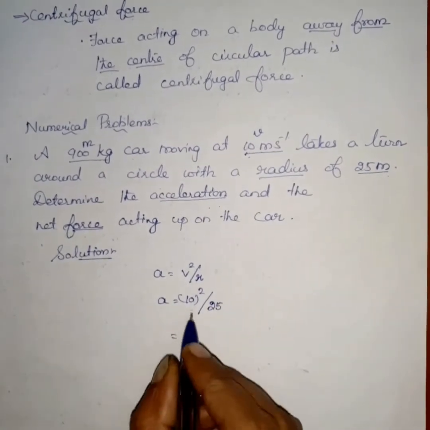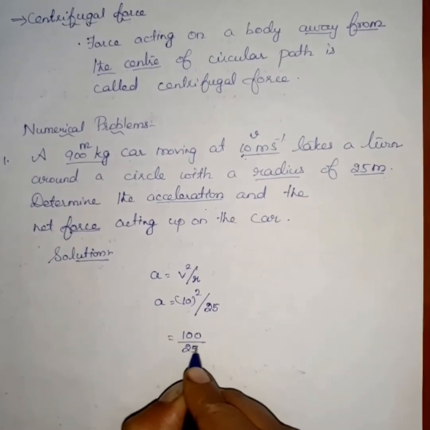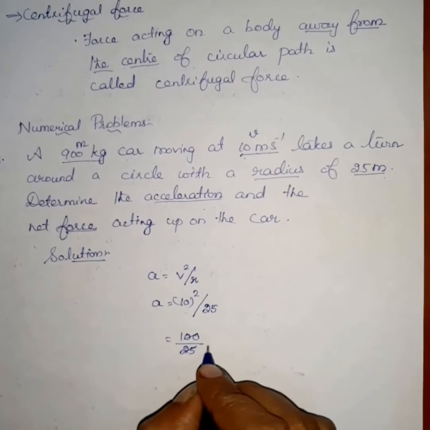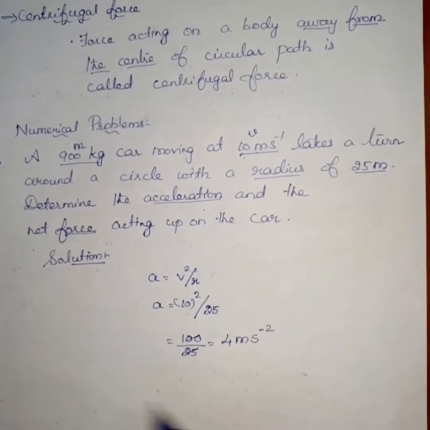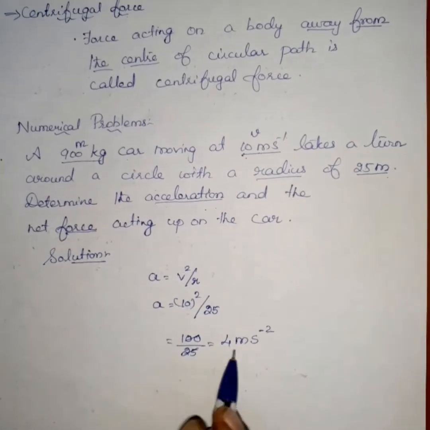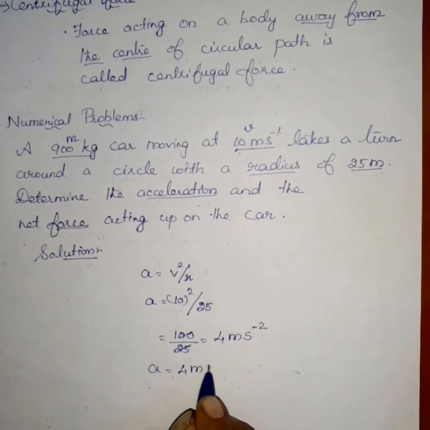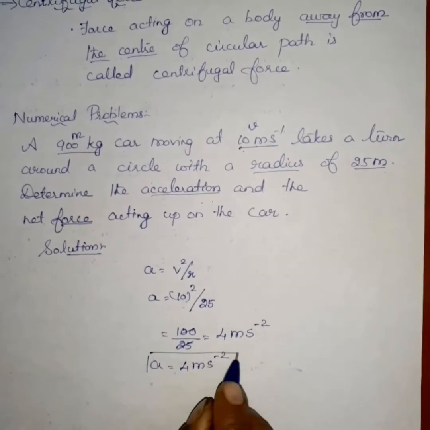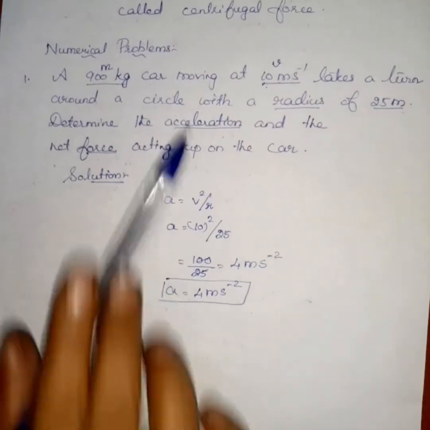So 10 square, 10 into 10 is equal to 100. 100 divided by 25, you cancel it. The value is 4 m s^-2. a is equal to 4 m s^-2.